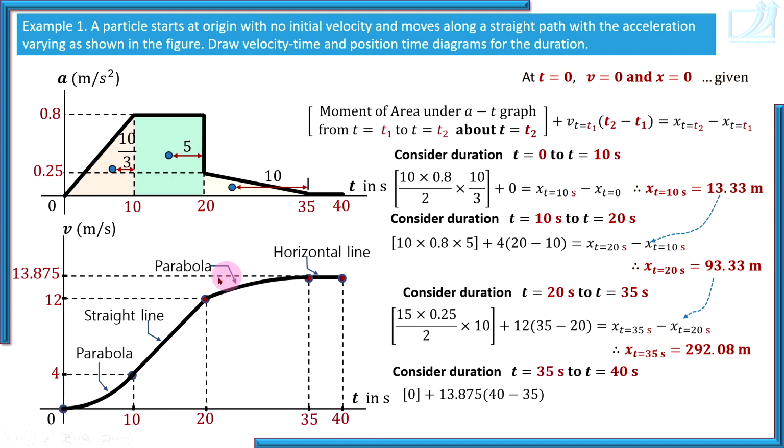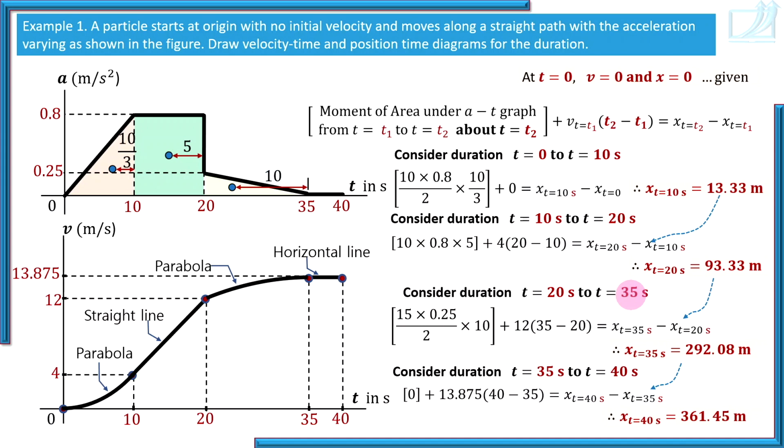So at t equal to 35 seconds, velocity we know already, 13.875, into t2 minus t1, so 40 minus 35, and that gives you x at t equal to 40 minus x at t equal to 35 seconds. Put the value of x at t equal to 35 seconds here, and you will get x at t equal to 40 seconds as 361.45 meters. So this is how we have found out values of positions at these important time instances.